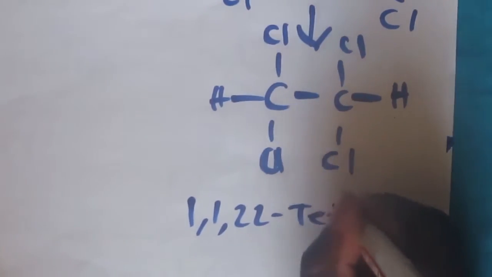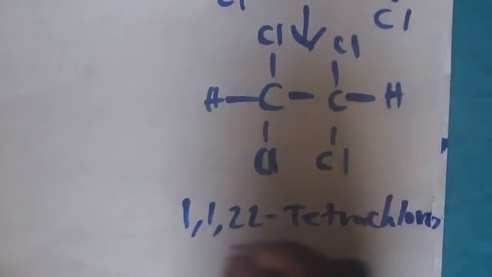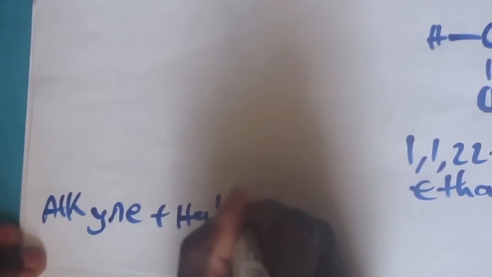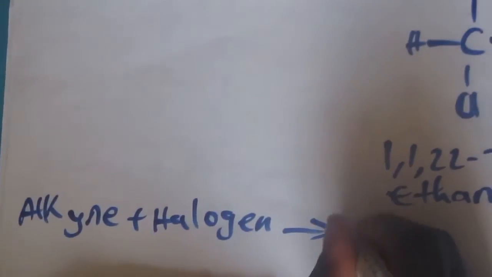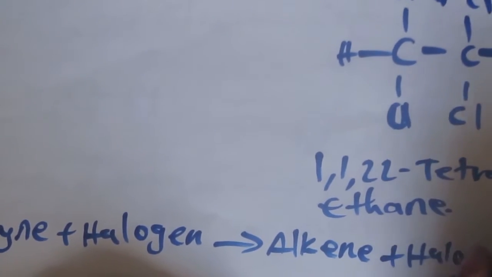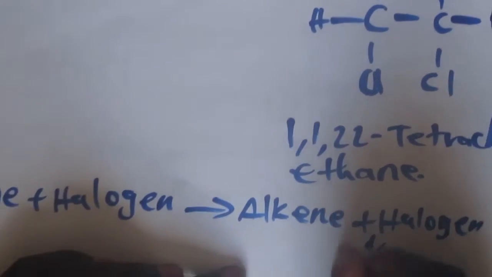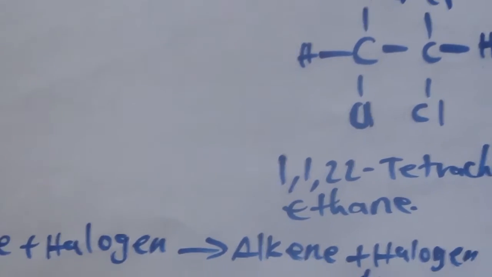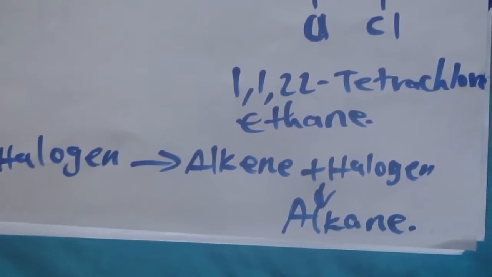So we'll end up getting a compound we call 1,1,2,2-tetrachloroethane. So in general, we can say that an alkyne plus halogen, you obtain an alkene first, then add another halogen, then you obtain an alkane. That is simply what happens to halogenation in alkenes and alkynes.